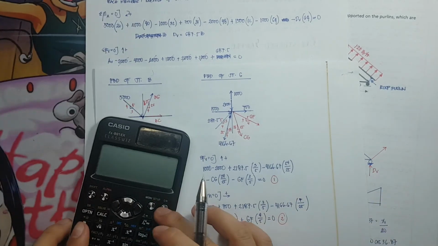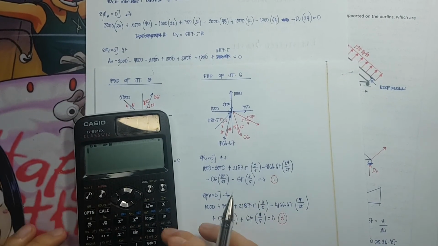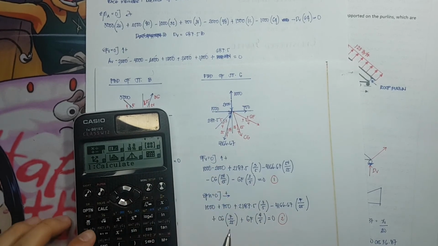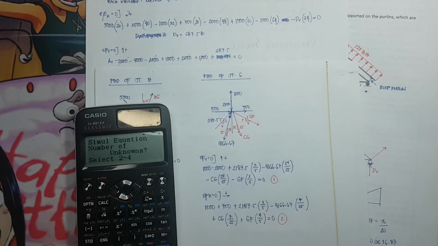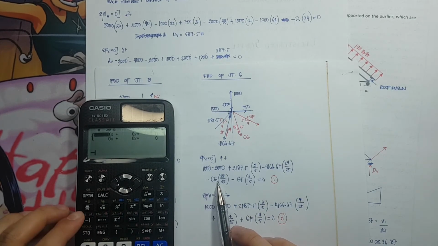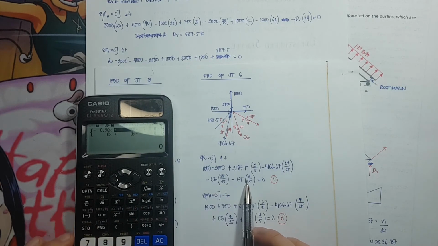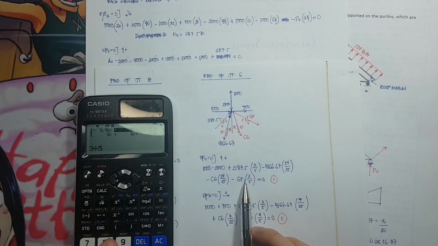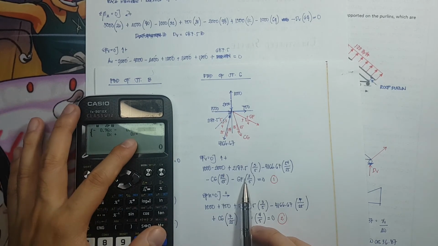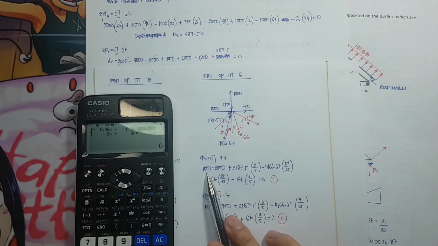So input that in your calculator. We have two unknowns. So we have negative CG of 24 divided by 25, and we have GF of negative 3 divided by 5. Then we transpose this to the other side of the equation.